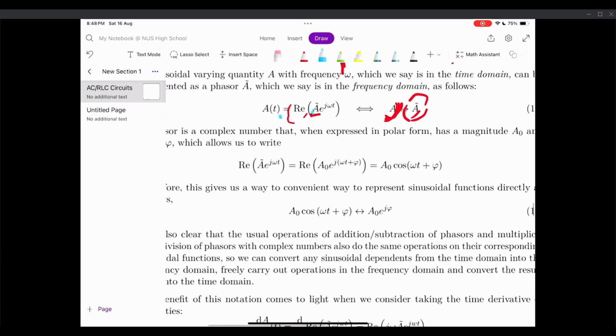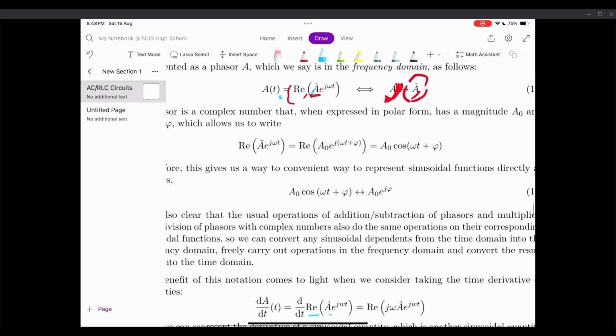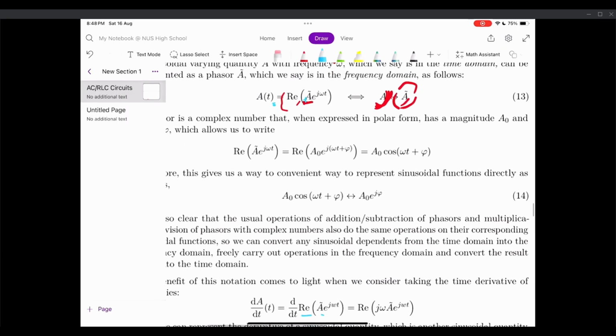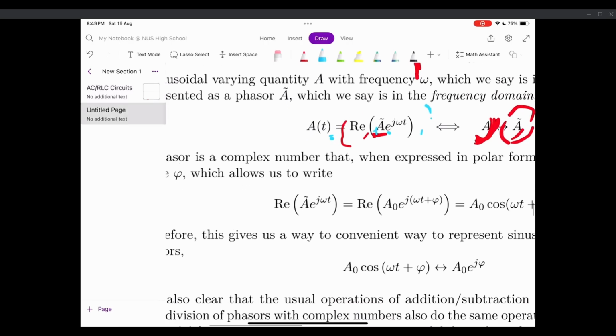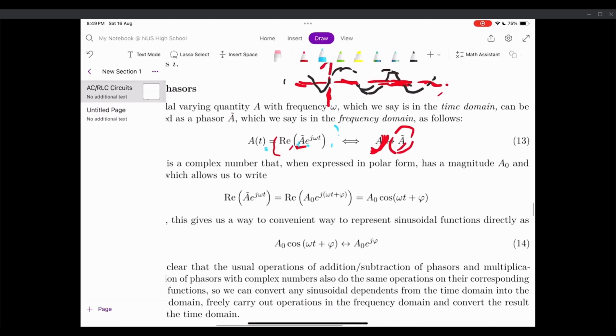So we sort of get rid of the time dependence. When we have a phasor, we are already assuming that we know the frequency omega, and that way we don't include it in our phasor expression. So there's already that implicit omega there, kind of. So phasors don't usually include the omega.